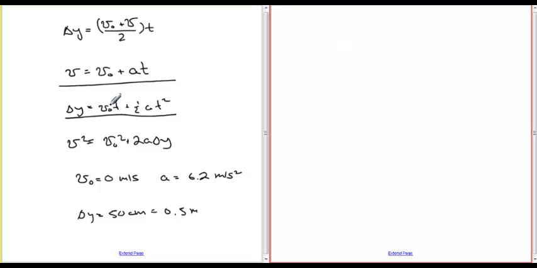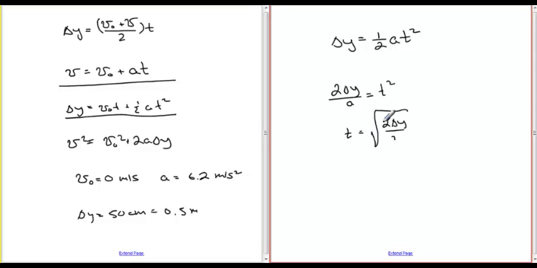So since V0 is 0, we just get delta y is equal to 1/2 a t squared. We know the acceleration and delta y, so we'll solve for t squared first. So we get 2 delta y over a is equal to t squared, and therefore t is equal to the square root of 2 delta y over a.